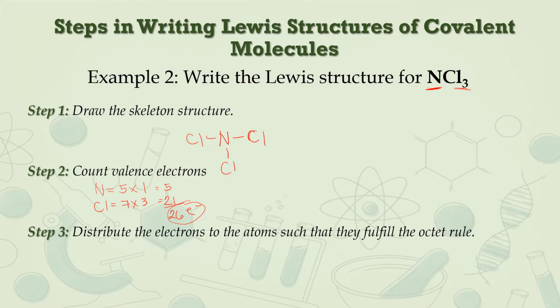So what does it mean? From the skeleton structure, each element must follow the octet rule. So each must have 8 electrons. We are now going to distribute the 26 electrons. Let's start first with the first chlorine.